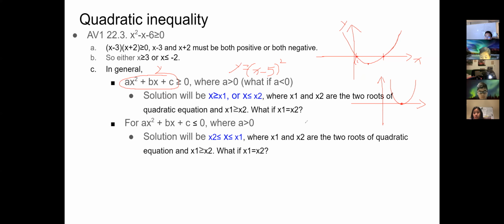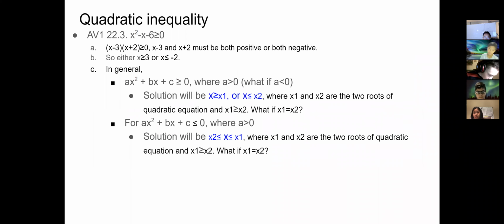So this is how you graph this inequality. Hopefully I didn't confuse you too much, but essentially you want to know once you get a root, you know how to deal with the inequality using this way, or this way. Now, what if a is less than 0? Can somebody tell me what I should do?